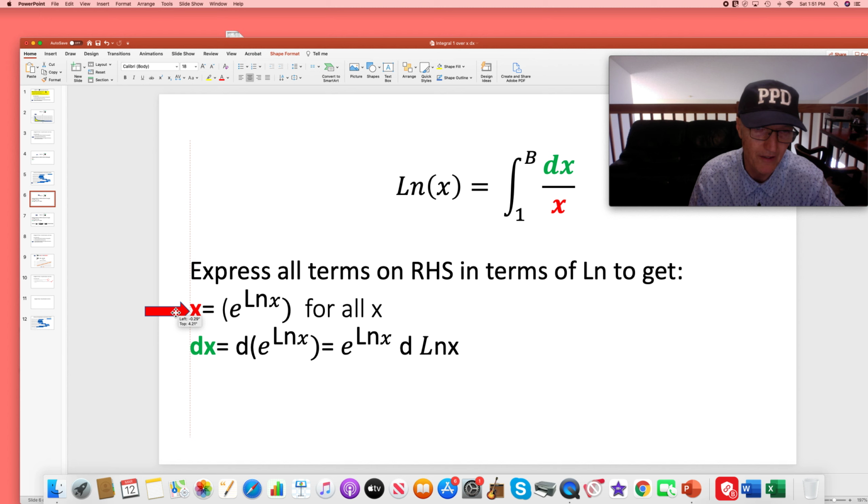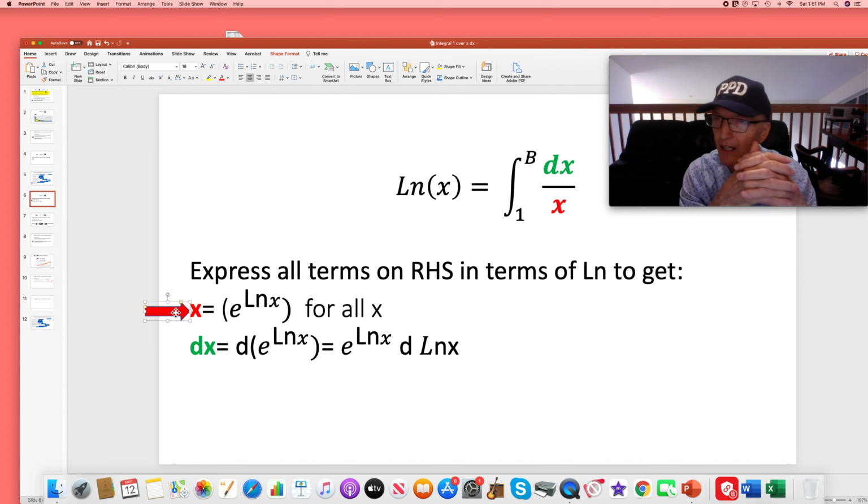So I embarked on this. How can we express x in the general sense in terms of ln, the natural logarithm?